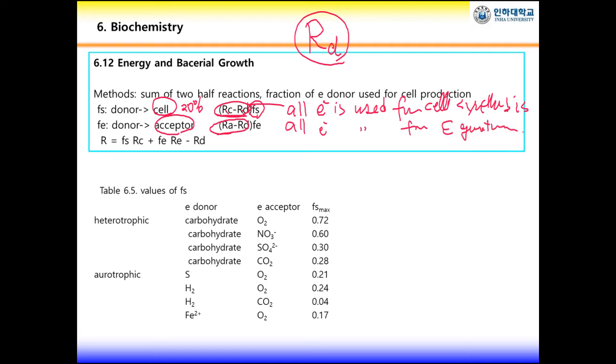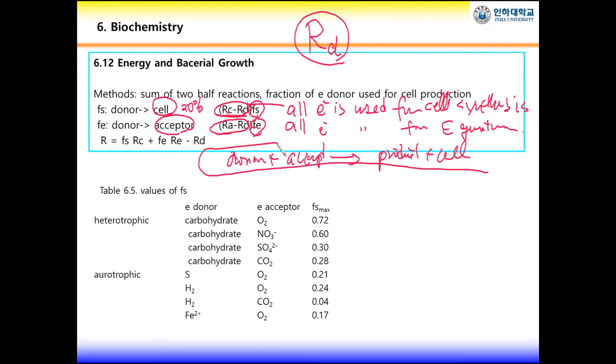So the reaction, donor plus acceptor, would give the oxidized product plus cell.